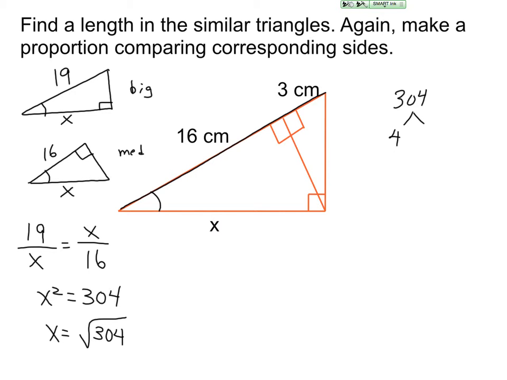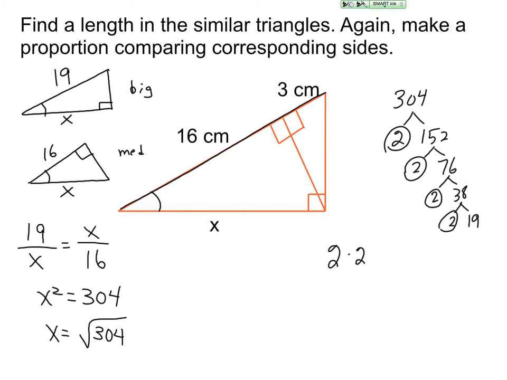Okay, you've got a magic calculator back there. 2 times 152, sorry. 2 times 76, 2 times 38, that's a lot of times twos. 19. Okay, pairing up. There's a pair of 2s, it comes out. There's another pair of 2s, it comes out. 19 doesn't have a partner, so it can't go out to play. Poor guy. 4 times the square root of 19.